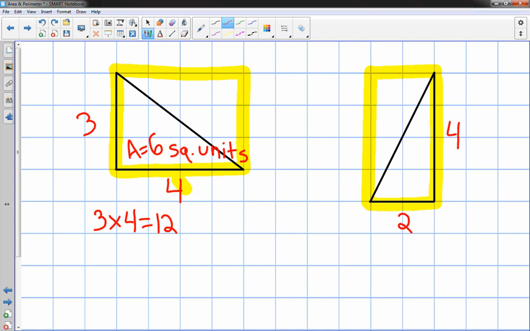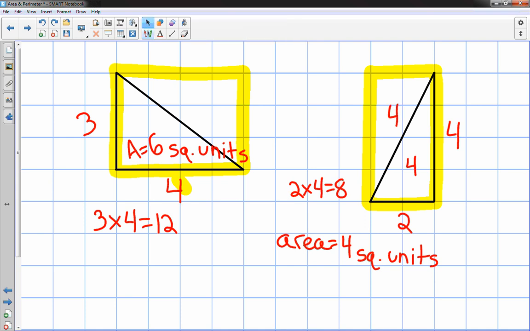So I'm going to do 2 times 4 is equal to 8. And the area of that triangle's half. So the area of that triangle inside is 4 square units. You have 4 in here and 4 in here to equal 8.